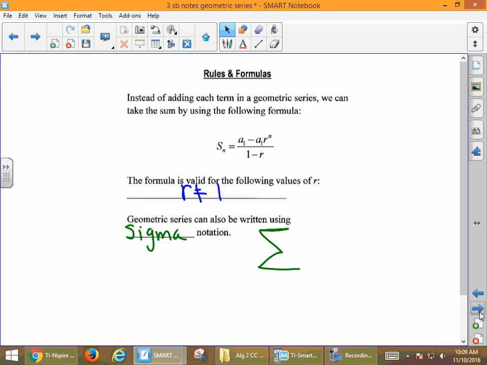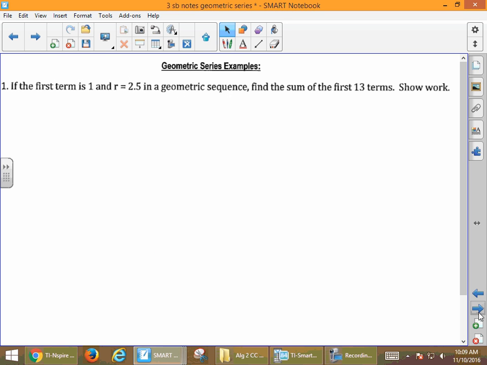So as we flip our paper back over to where it says geometric series examples, sorry about all the flipping. What's going to happen is, if the first term is 1 and the common ratio is 2.5, find the sum of the first 13 terms.